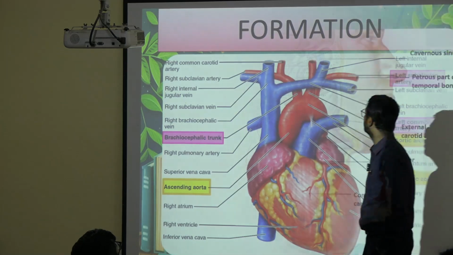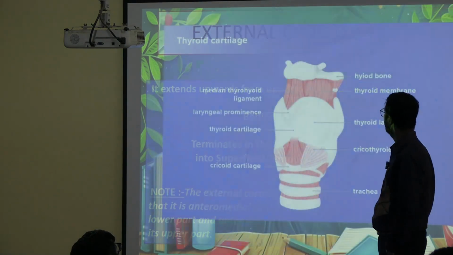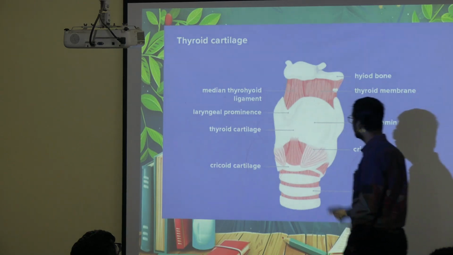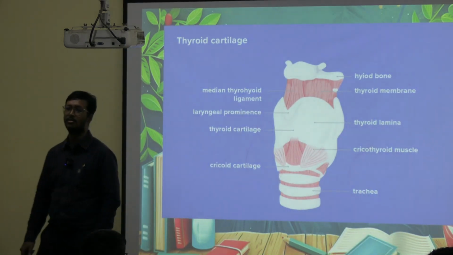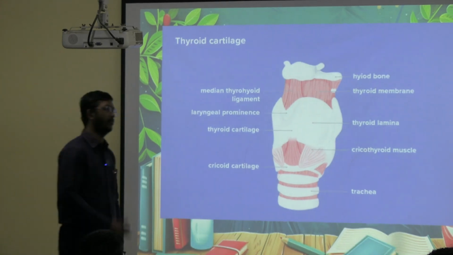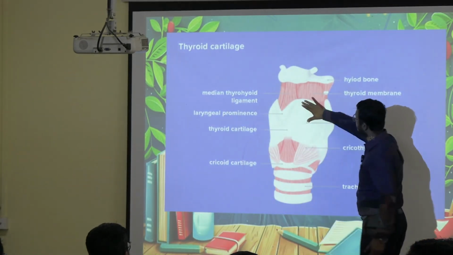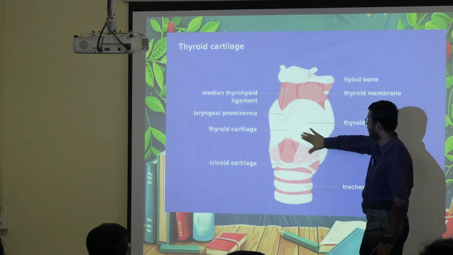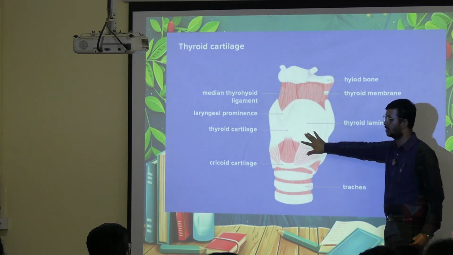To show you this, see, this is your thyroid cartilage. The white part represents the thyroid cartilage, that is not your thyroid organ. Okay, here you can see this broad wings type part. This is the lamina of the thyroid cartilage.